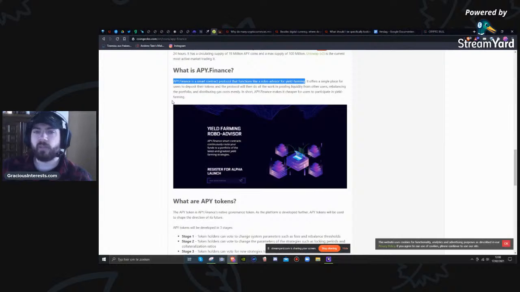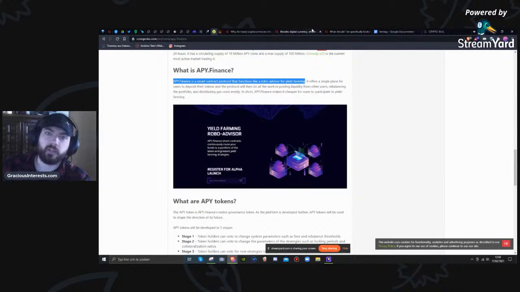So you are trying to maximize the profit from staking by moving your funds between different exchanges. That's actually what yield farming is. What APY.Finance does, and what I can deduce from the highlighted quote, is that it's a smart contract which is going to function like a robo-advisor. So it's going to be a bot which is going to advise you how and where the best profits are for yield farming.